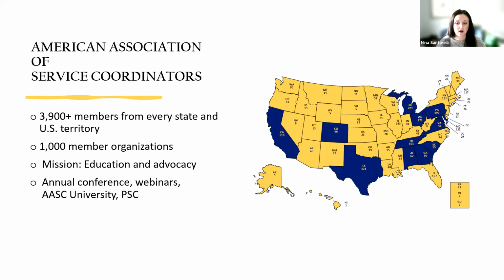And as I mentioned before, our primary goal is to provide education and advocacy specific to the service coordinator program. We do that through annual conferences, through our webinars, through ASK University, which houses our on-demand courses that service coordinators have access to, and then the professional service coordinator designation, which we offer through a partnership with Ohio State University.